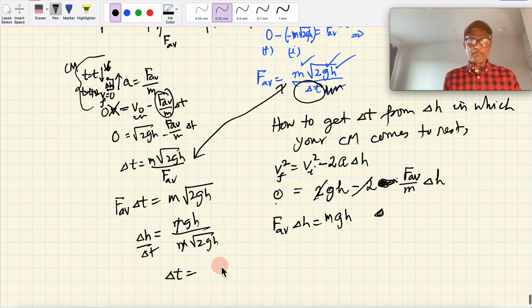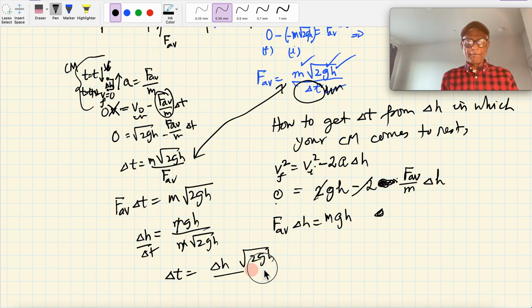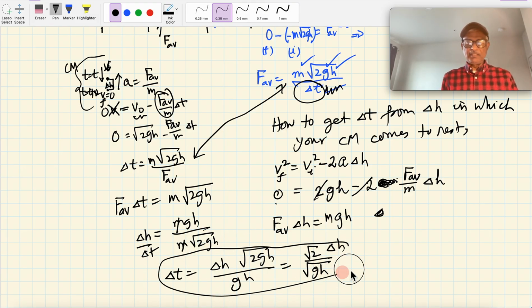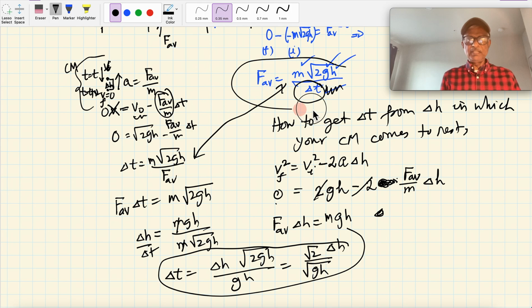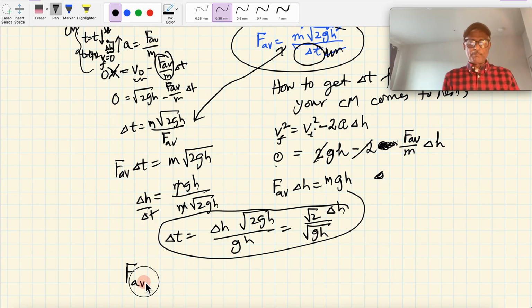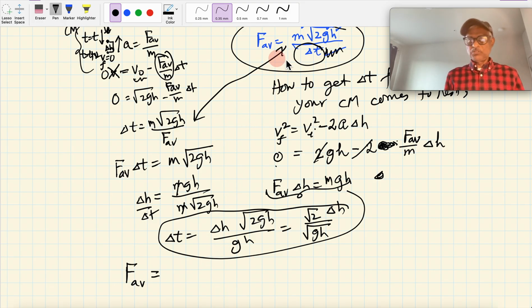Delta t is delta h square root of 2gh over gh, or you can say square root of 2 delta h over square root of gh. So we got delta t in terms of delta h, and we can plug in here and get F average. Or we could have just gone here for F average. I just want to show you that you can get through delta t. All of this is related. I hope everything is consistent, hopefully.